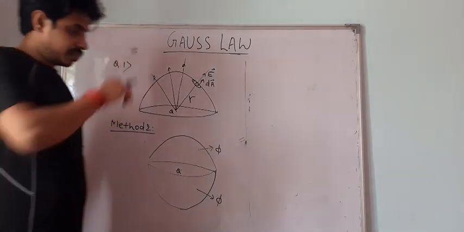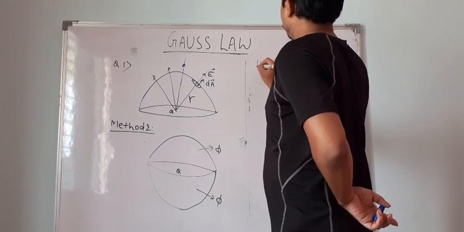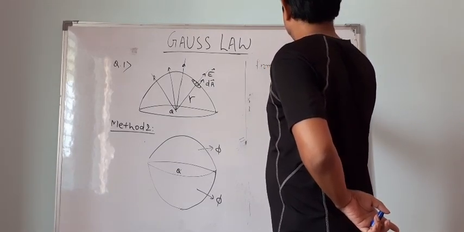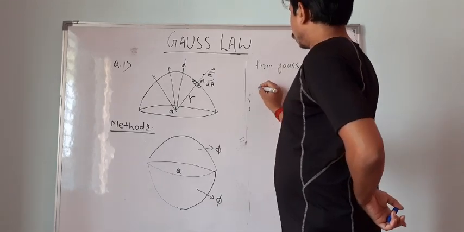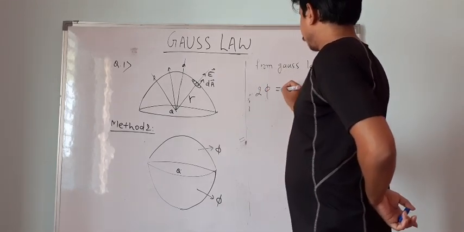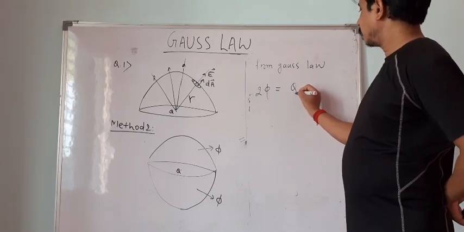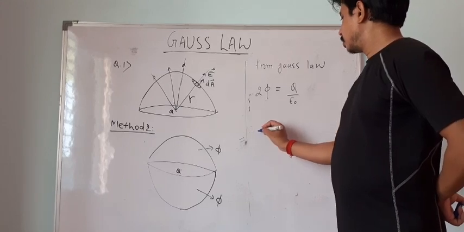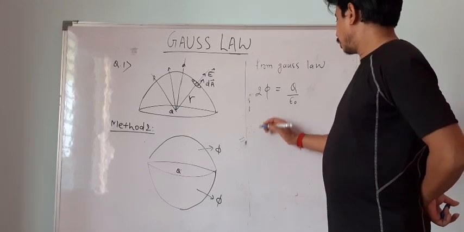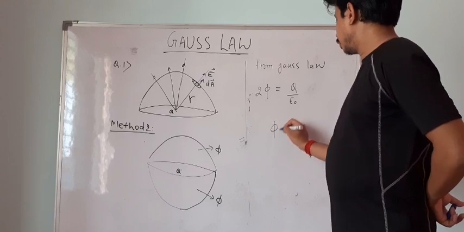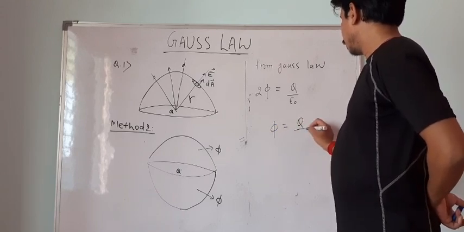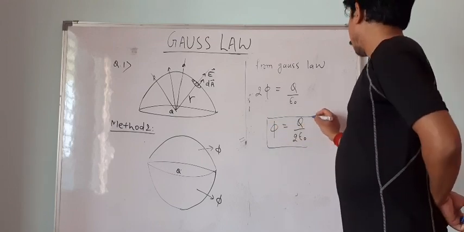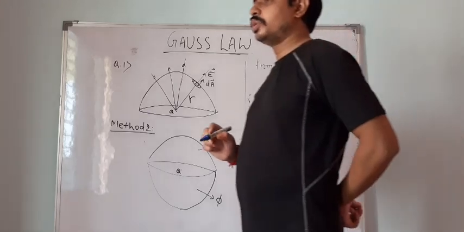And from Gauss law, the total flux 2 phi must be equal to the net charge inside it by epsilon 0. Therefore phi is equal to q by 2 epsilon 0. So again it is proved from Gauss law also. You can see how easily we can do it with Gauss law.